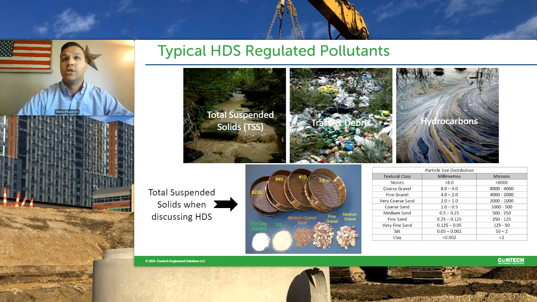Moving straight into hydrodynamic separator pollutants. Again, the major 3 are at the top there. You'll hear a number of people from Contech and really in the stormwater industry talk about total suspended solids, and you'll hear us refer to that as particle size distribution. So just note that that'll be somewhat interchangeable as I use those acronyms: TSS for total suspended solids and PSD for particle size distribution.